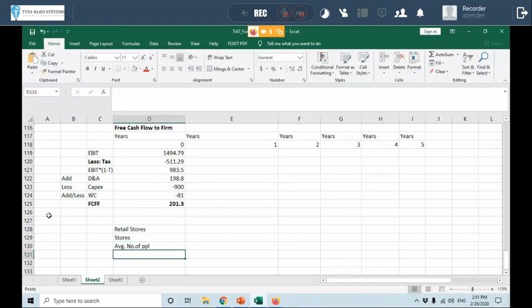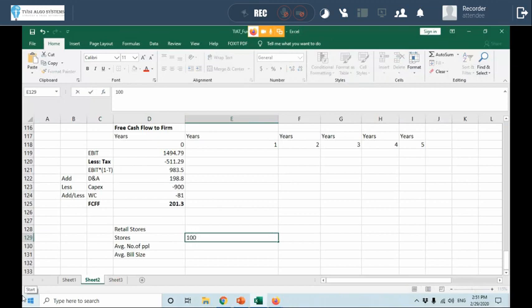To retail people probably they will not give, but to an institution they will give everything. That this is the total number of separate bills, and from that you can arrive at what the average bill size is. So if the company is increasing its stores, say right now, suppose they have 100 stores.